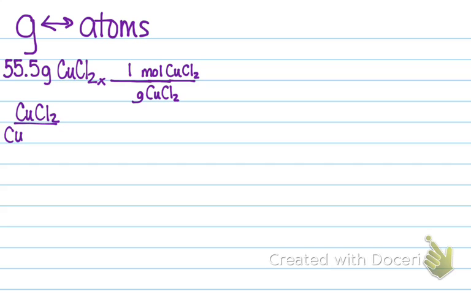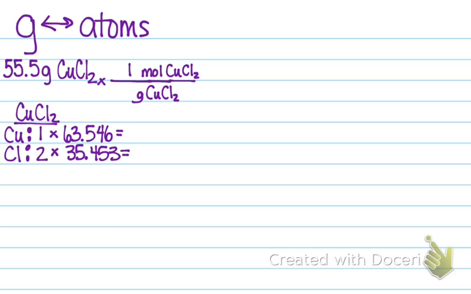I have copper, I have chlorine, I have 1, I have 2, times the mass of copper, which is 63.546. Chlorine has a mass of 35.453.